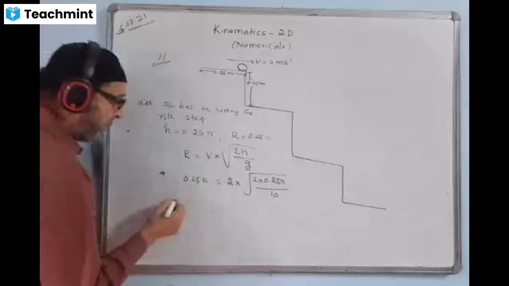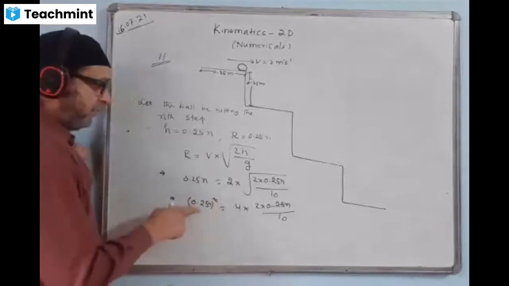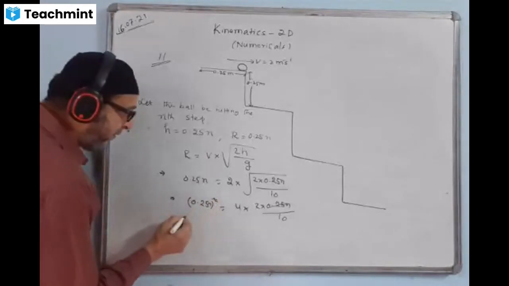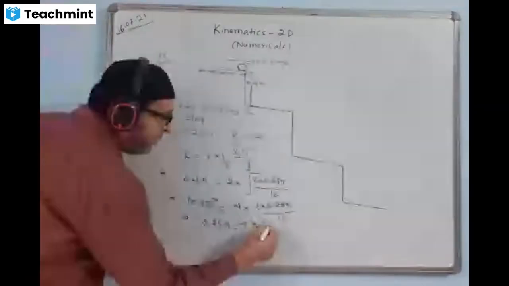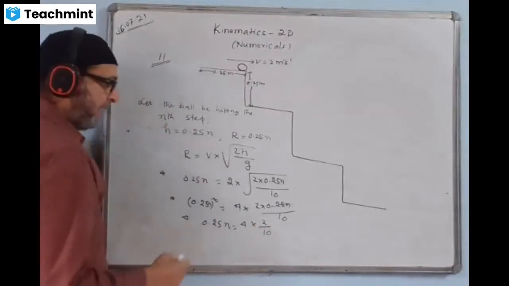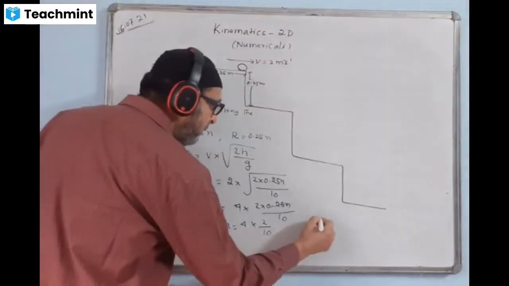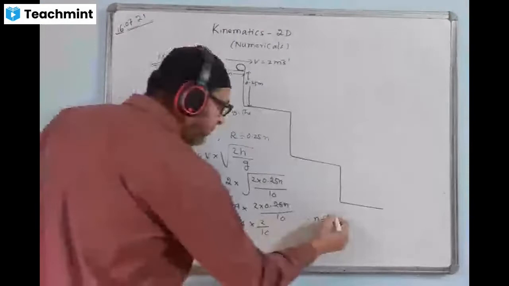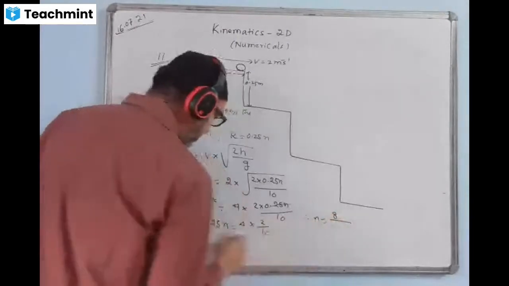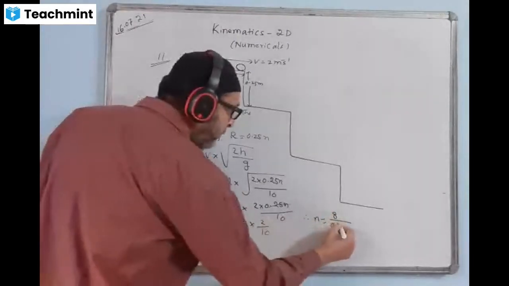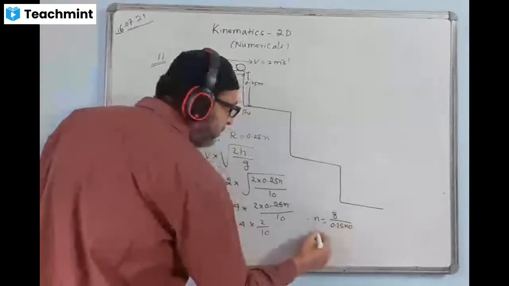It gets (0.25 n) whole squared. 2 squared is 4 and the root will go, 2 into 0.25 n by 10. One of the 0.25 n is less over here. You get 0.25 n equals 8 by 10. The value of n is coming 8 upon 0.25 into 10. I'm sure you will get the answer.